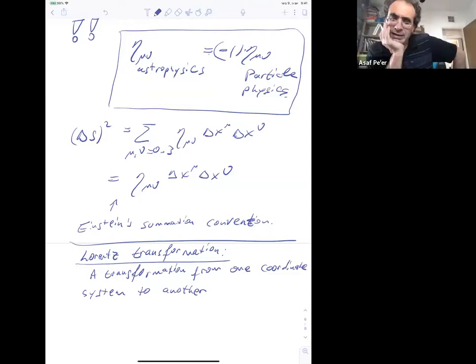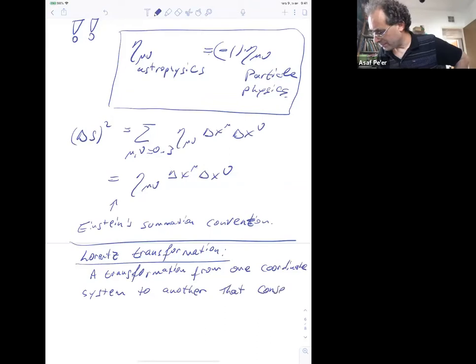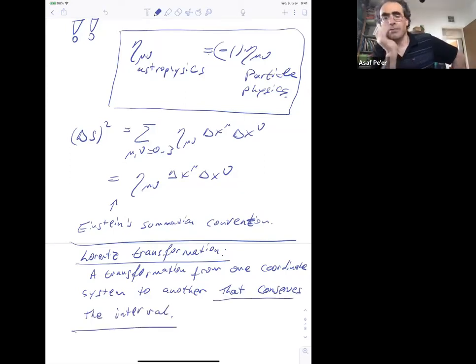Exactly, very good. This is the important part. This is the definition of a Lorentz transformation: a transformation that conserves the interval.